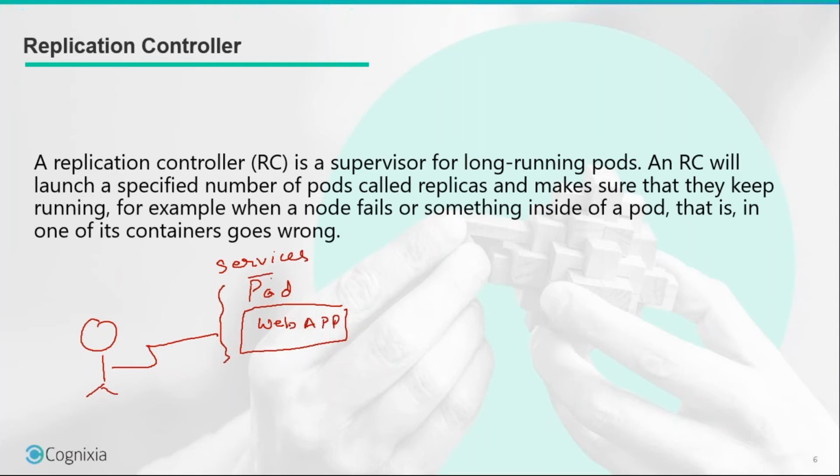But if there is one application which is to be accessed by the client, that is fine. The services are the outer layer, which is going to do load balancing, especially for the load balancing of multiple pods.